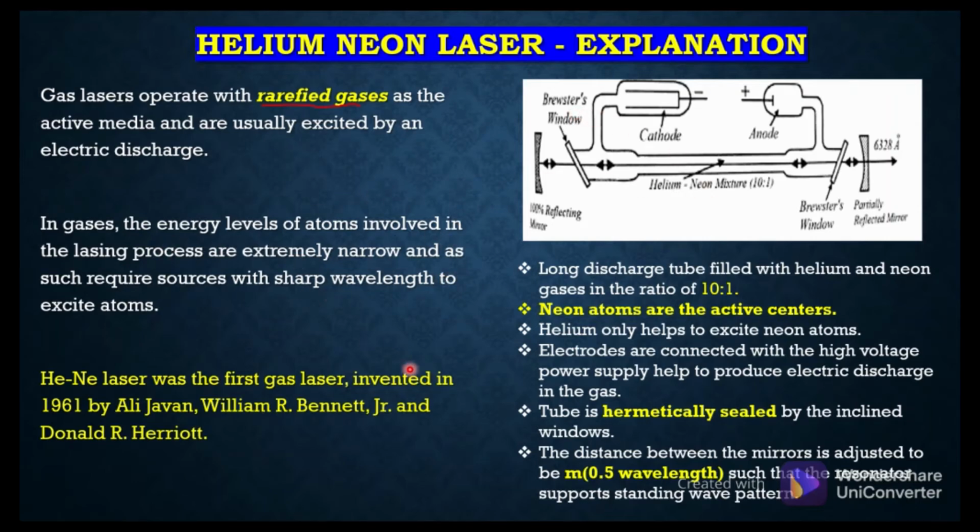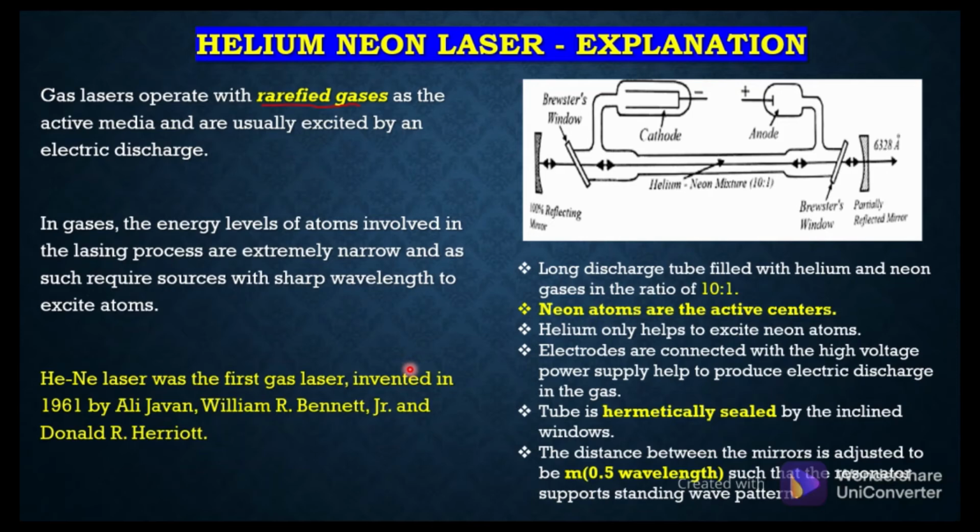In general, gases have very narrow energy levels. When the energy levels in the gases are very narrow, we are unable to use optical pumping, because in optical pumping there is a chance of broad emission of wavelengths. For example, in the previous case we saw that the ruby laser was pumped with a xenon flash lamp, which generates a wide range of wavelengths.